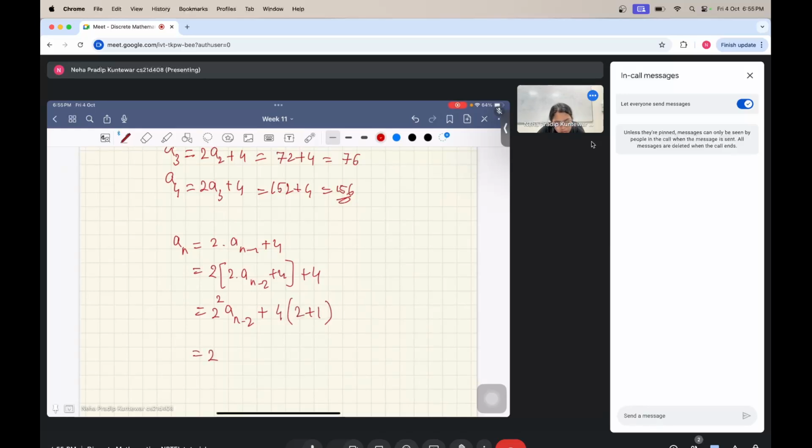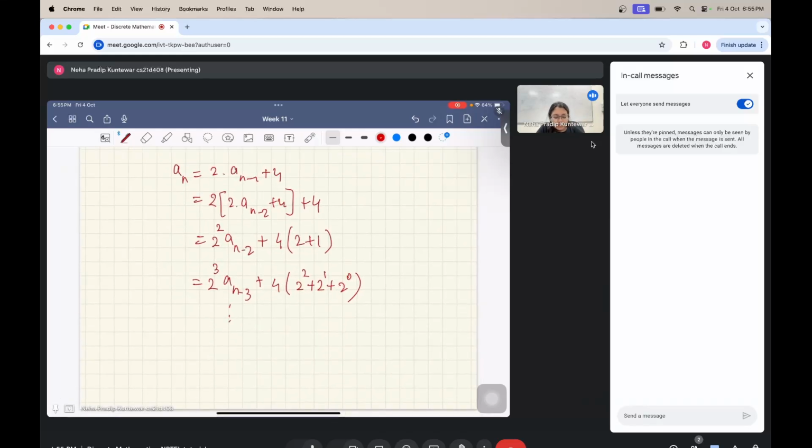Then this further becomes 2 cubed times a_(n-3) plus 4 times (2 squared plus 2 to the 1 plus 2 to the 0), and so on. After k steps, this would be 2 to the k a_(n-k) plus 4 times (2 to the k minus 1 plus 2 to the k minus 2, and so on up to 2 to the 0).